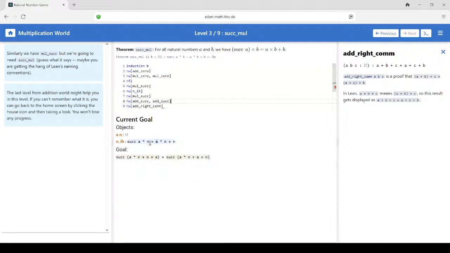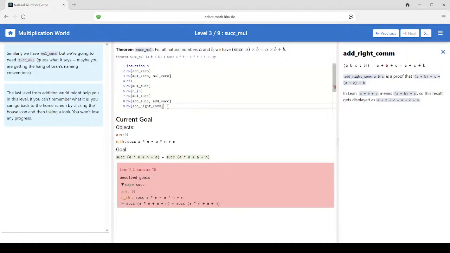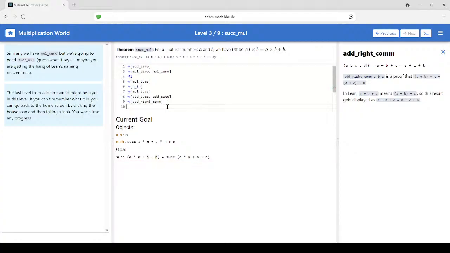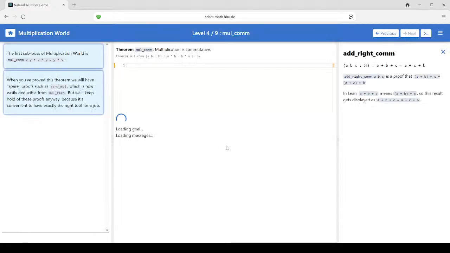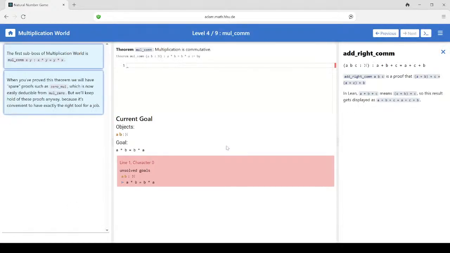And so it turned our n plus a, oh I see, into n plus a plus n. And now, if my eyes do not deceive me, those are equal on both sides. Yes! We did it! Oh, nice. All right. Next one.